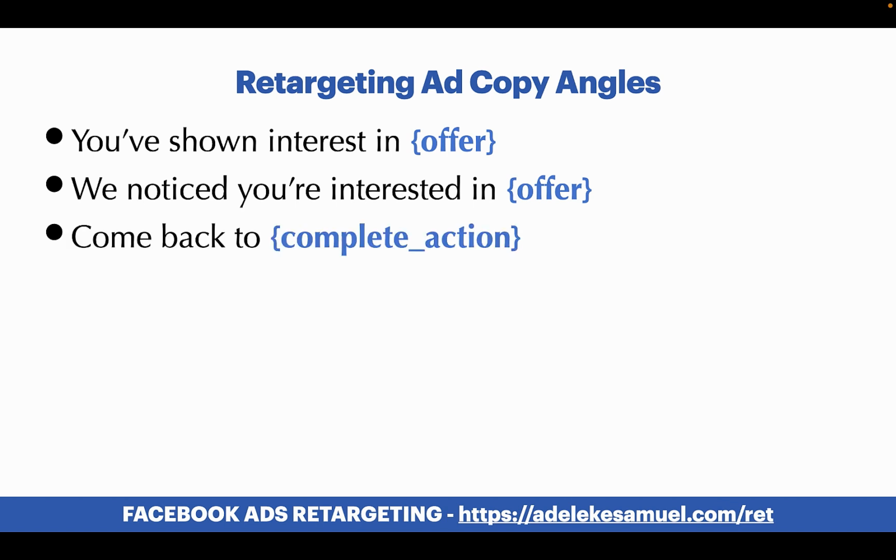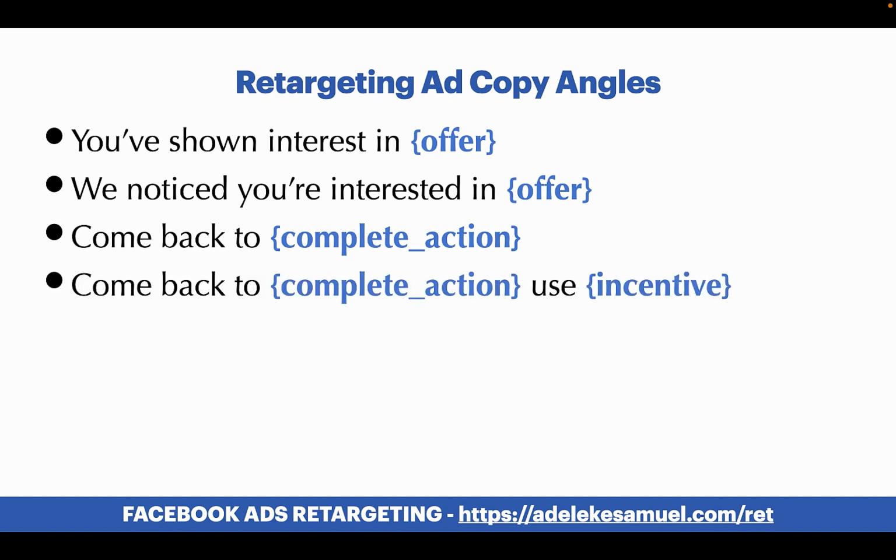They already know about it, so you are just kind of reminding them. Come back to complete action. For example, you can tell them come back to purchase this product, come back to complete registration. Another one is come back to complete action, then probably use some incentive: come back to checkout and use this coupon code to get 30% discount. So you want to probably give them an incentive if you have one already.